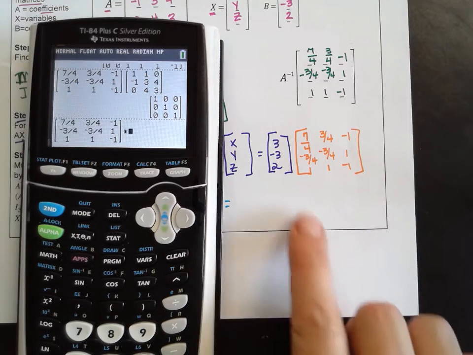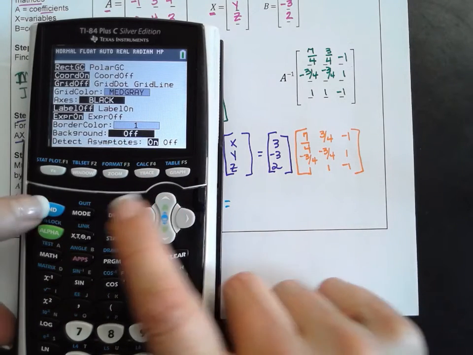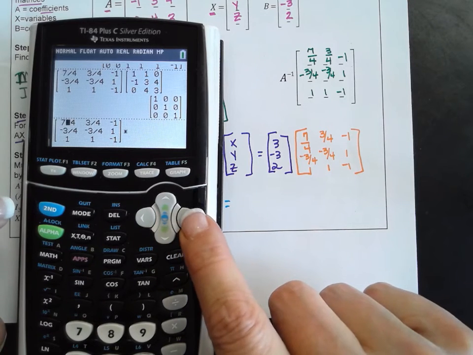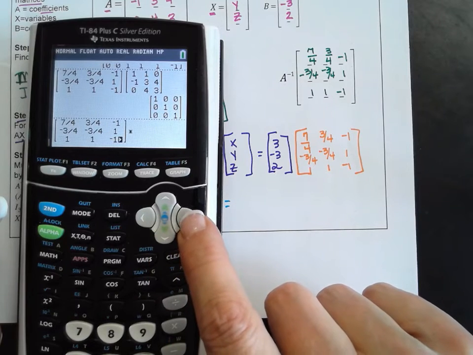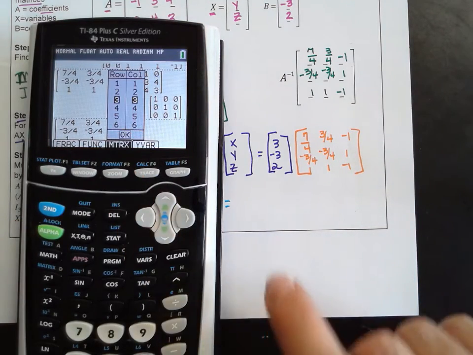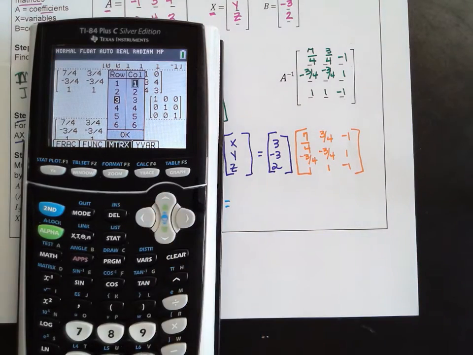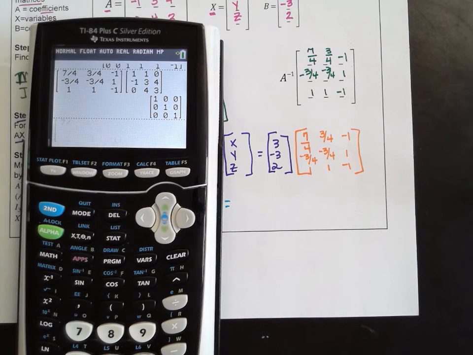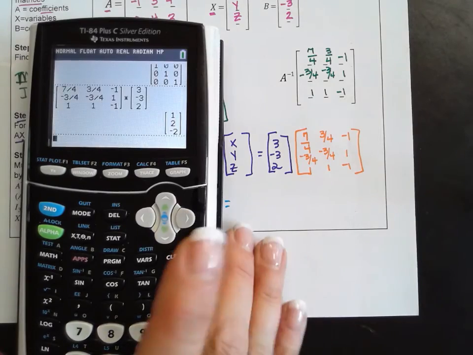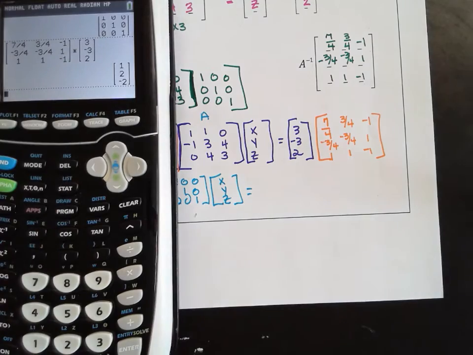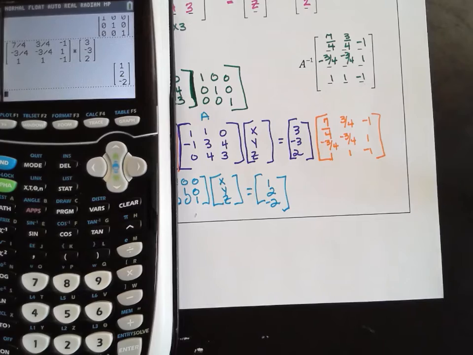And this time I'm multiplying it by that K column. This time I have 3 rows but 1 column. So 3, -3, and 2. And when I multiply, this time I get, okay, 1, 2, -2.